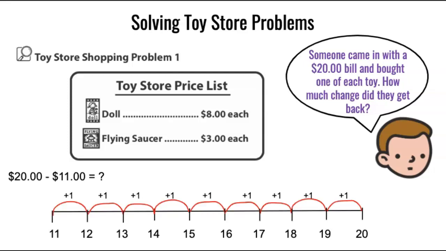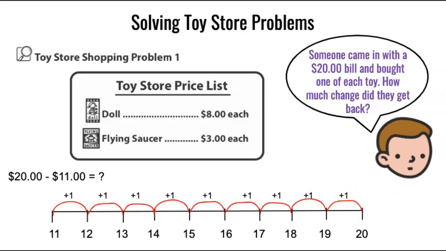I can use the same strategy that I used before, my open number line, to solve this problem. I can start at my smaller amount of $11 and count my jumps up to 20. I'll count 1, 2, 3, 4, 5, 6, 7, 8, 9 jumps.